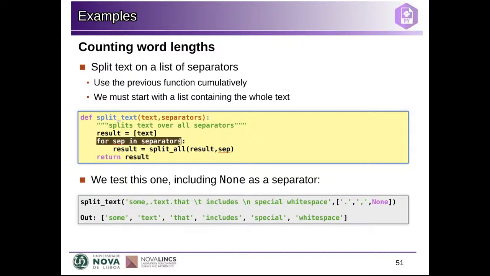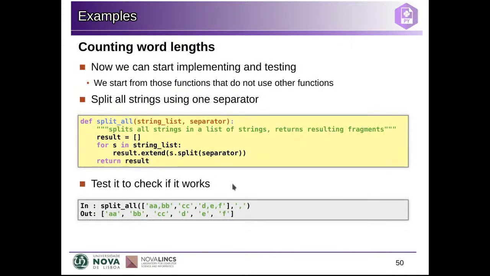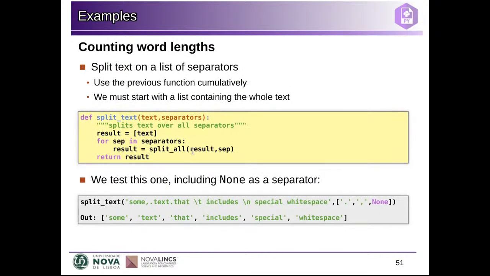And now for each separator in this list of separators, we are going to call the function split all, this one we wrote here, and this one will split the list that we're giving it, which initially has the whole text, using that separator, and returns the list with everything broken down.